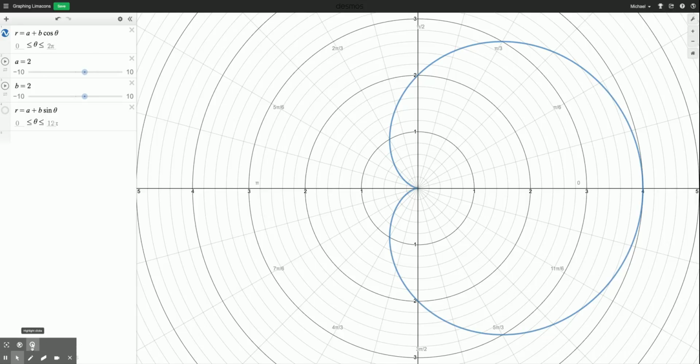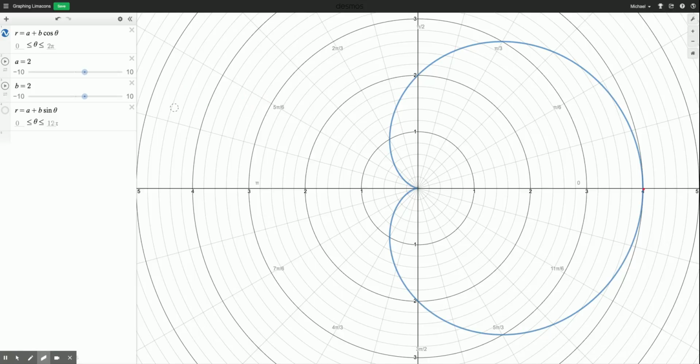If I had the curve 2 plus 2 cosine theta, you can figure out what r is based on theta. When theta is 0, r is 4. And we went all the way around the circle and we did our fun stuff.